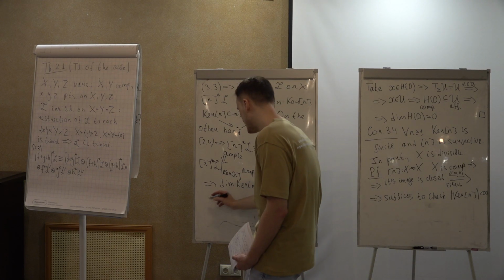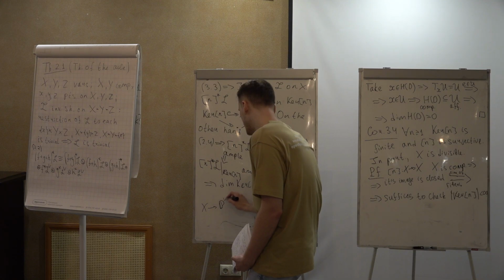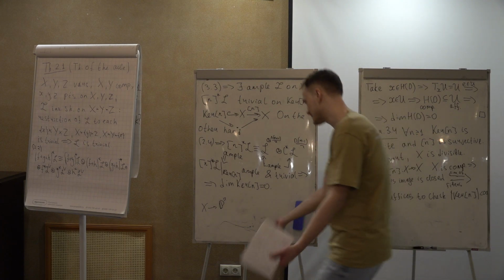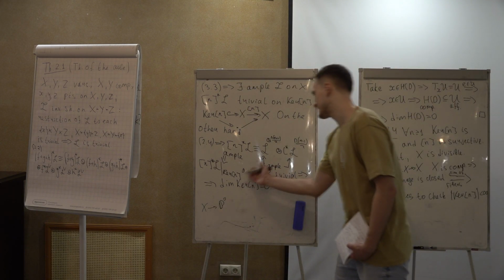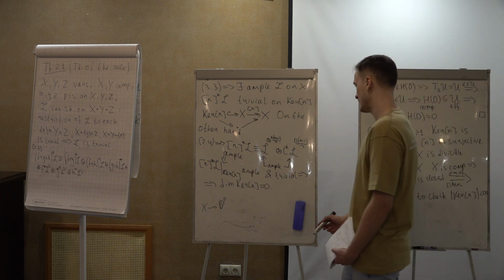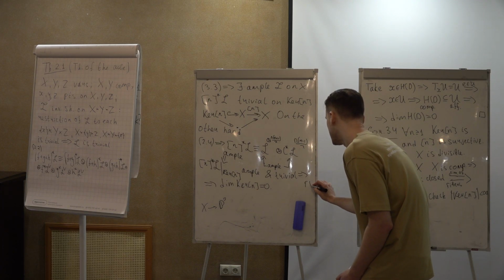But this map is what? It's mapped into P0. So, but this is ample, so this is an inclusion, so X must be a point. But in our case, it's reducible, so it's just finite set of points. Yeah. That's it, right? Yes. That's it.